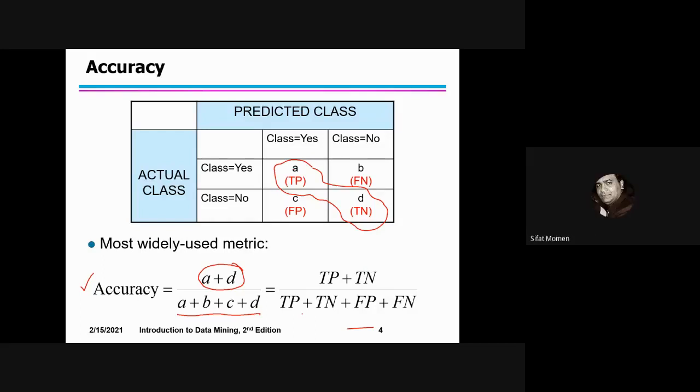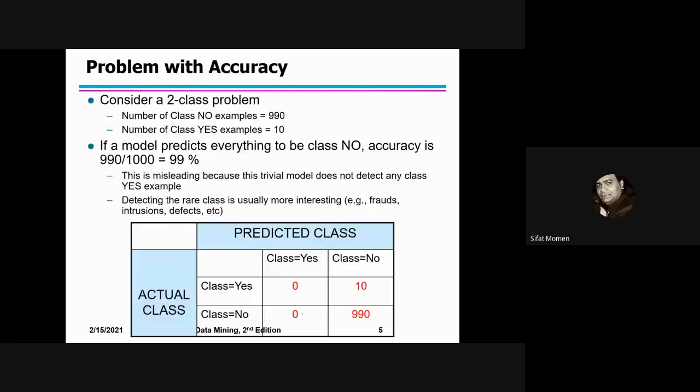Okay. Now, what we have said initially is that for an imbalanced class, accuracy is not a good metric. I'll tell you now why, so we'll talk about what's the problem with this accuracy metric. Now consider we have a two-class problem. There are 990 no examples, and there are only 10 instances with yes examples.